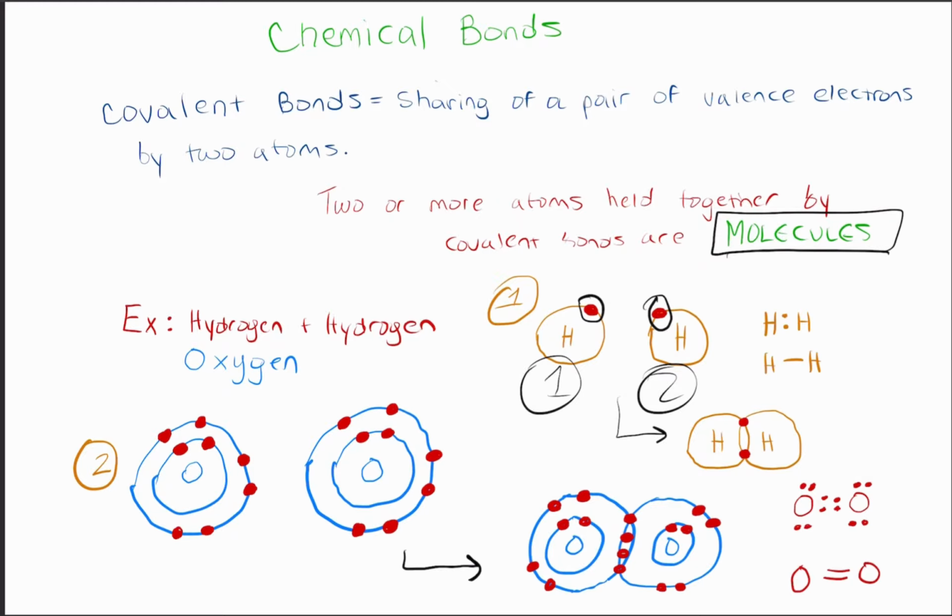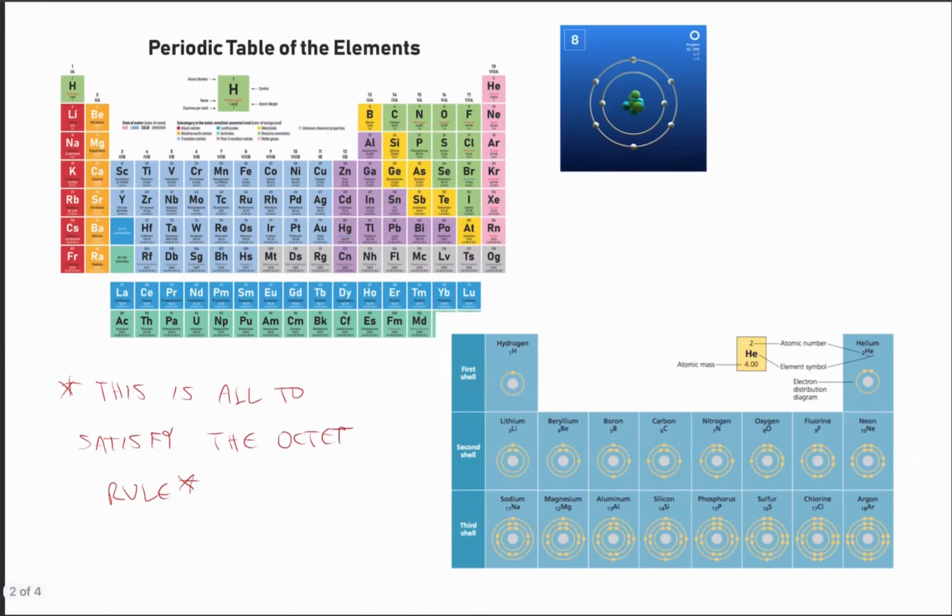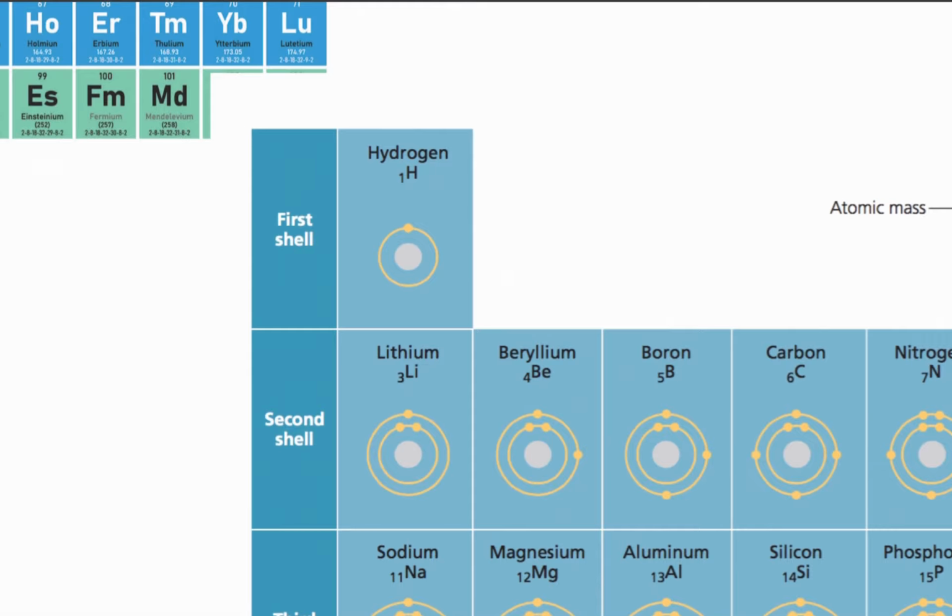Now, these can be covalently bonded by sharing their electrons together, because we know that in this very first shell of hydrogen, it can only hold up to 2 electrons. So to fill this first shell, it would grab another hydrogen that also has one electron, and they would share these together, making a covalent bond.